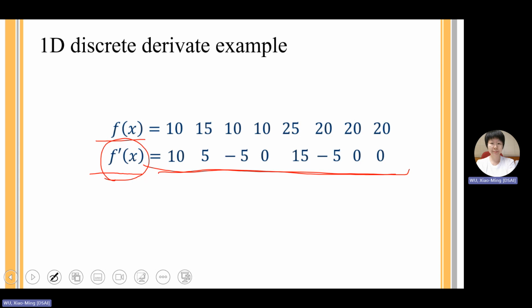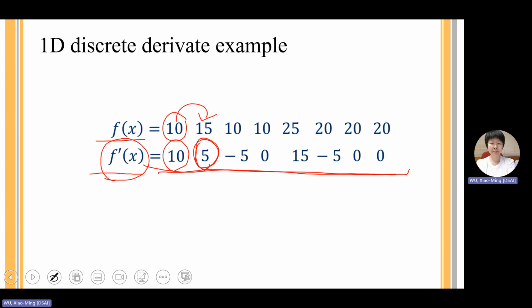How do we get 10 and how do we get 5? 5 is obtained by subtracting 10 from 15, right?